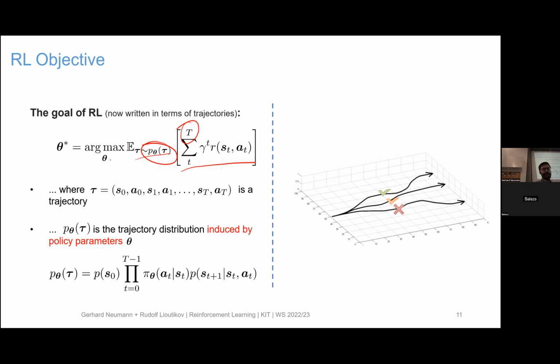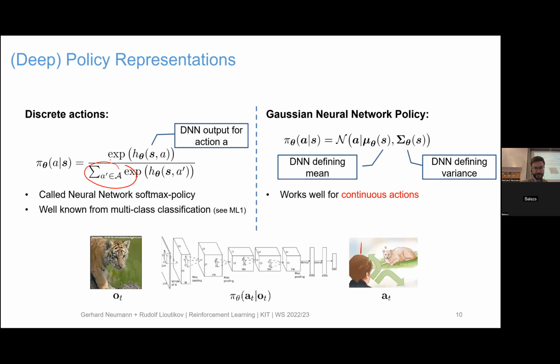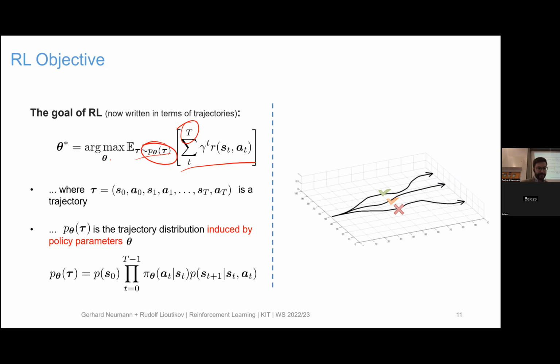So I sneaked in another symbol here, which I maybe should have told you about. Yes, here it's already defined: theta. Theta is now the parameters of the policy. Before, we had theta as the parameters of a Q function.